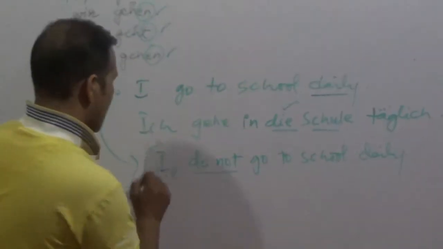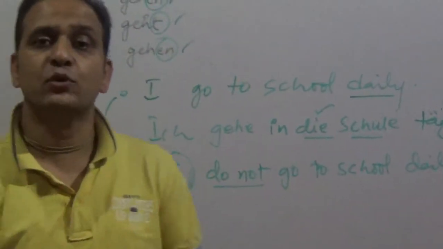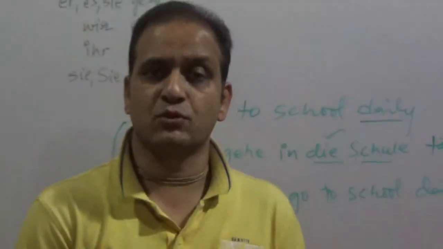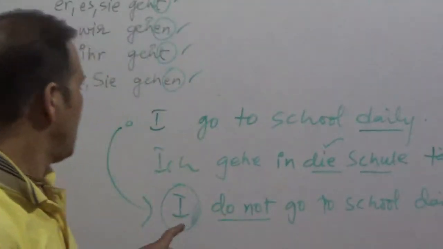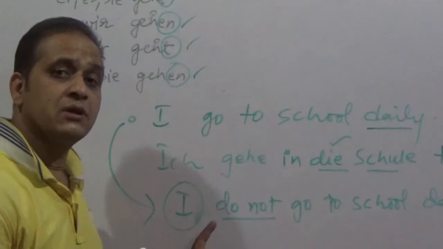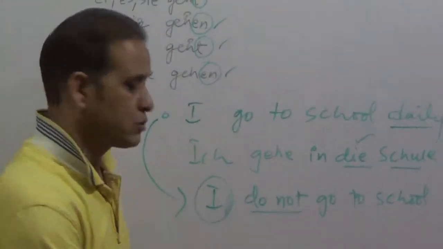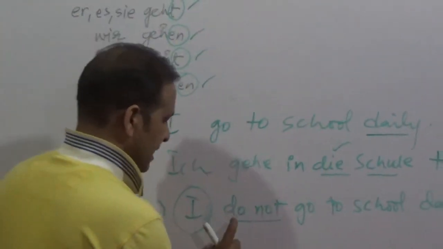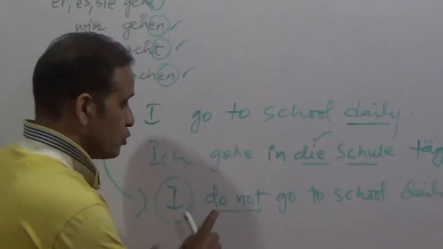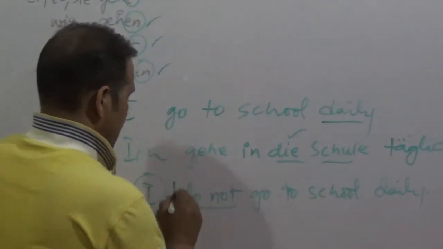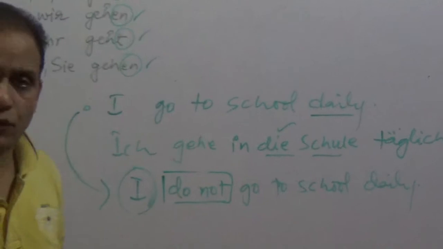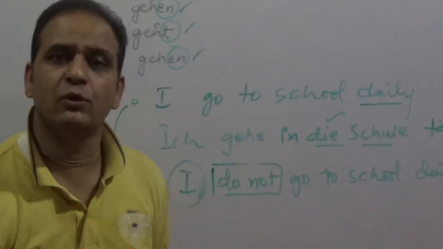Here the subject is I, which is considered as a plural subject in English in present tense only. Therefore, we use the plural rules with I, and that is why we use do not go. So when you do English, you follow English rules, but when you do German, you will follow German rules.